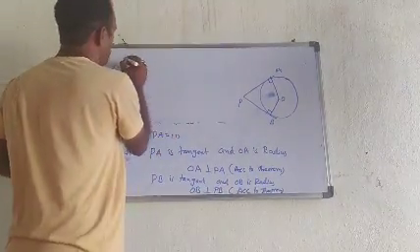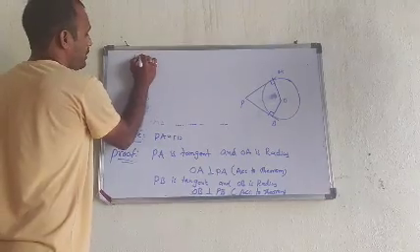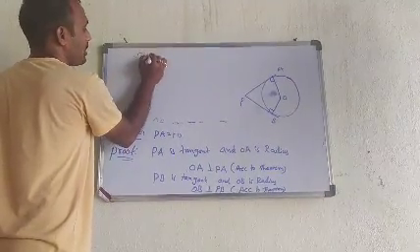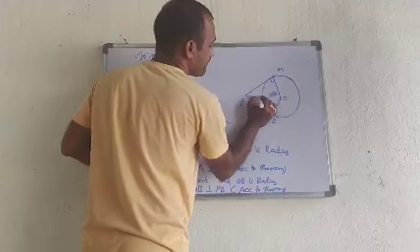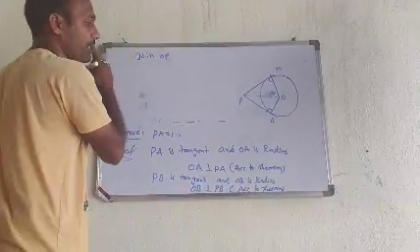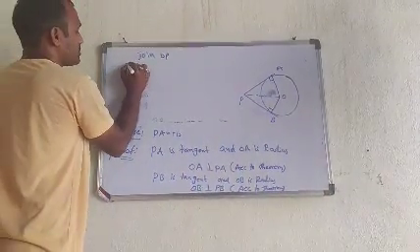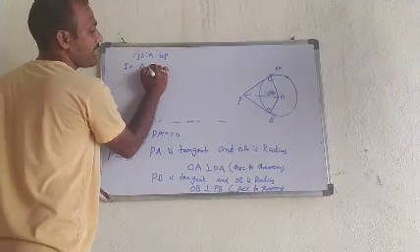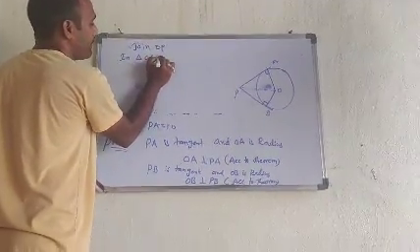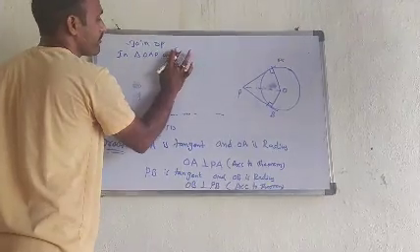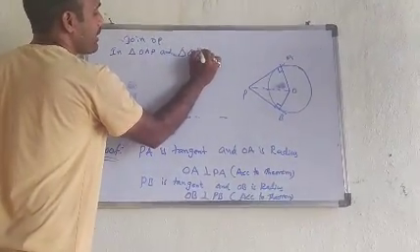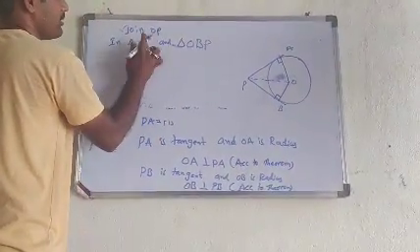Now let us join OP. If I join OP, I get two triangles here. So let us take two triangles: triangle OAP and triangle OBP.